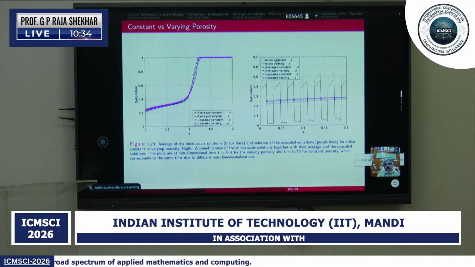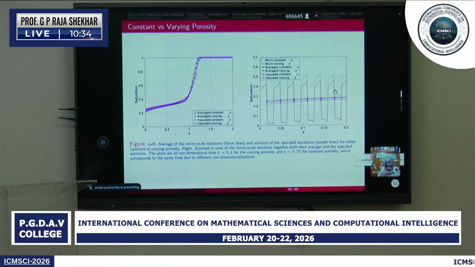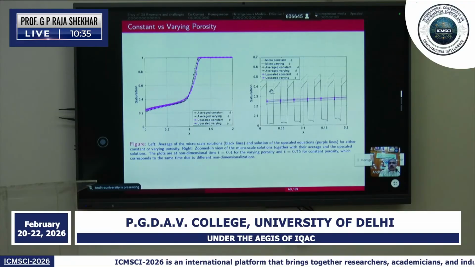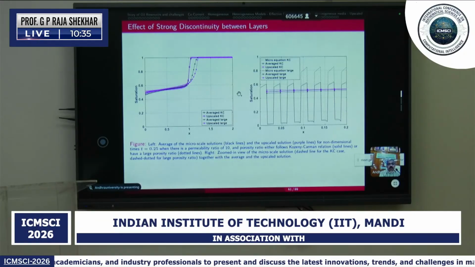But if you see the micro scale solution, there is a lot of oscillations. If you plot each cell you compute, then the discontinuity solutions are there. But in upscaled, those discontinuities are hidden, they are incorporated, and you get an effective solution. So this shows how the solution contains these variations, local oscillations.